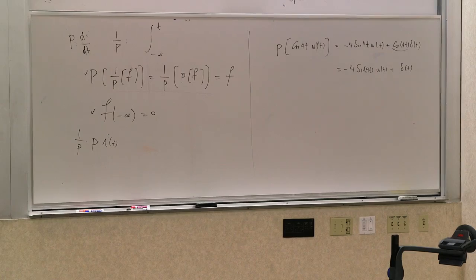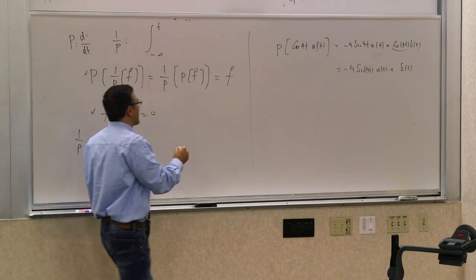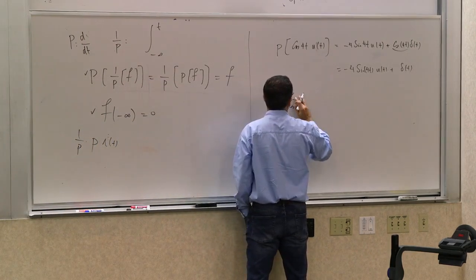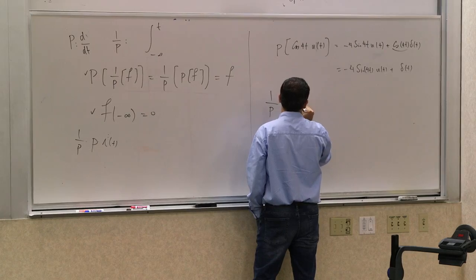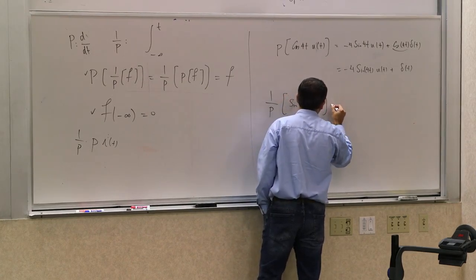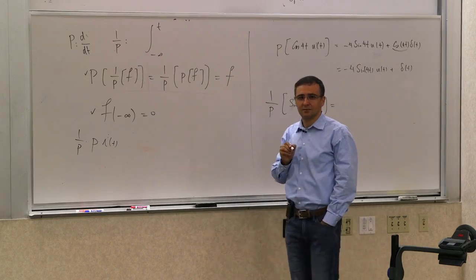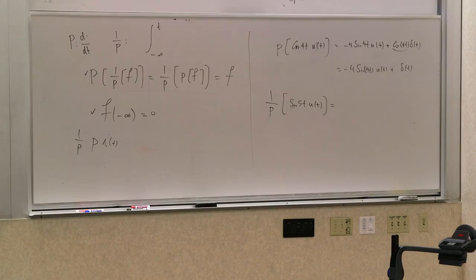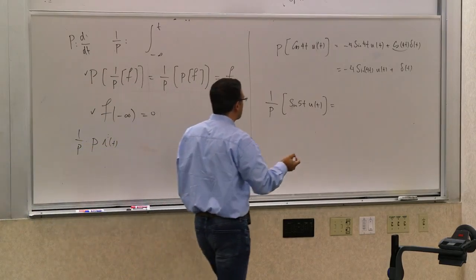Now, let's say, one last example. 1 over p of sine of 5t u of t. What is that? How do we calculate this? Think about it. It's really the integral, right?